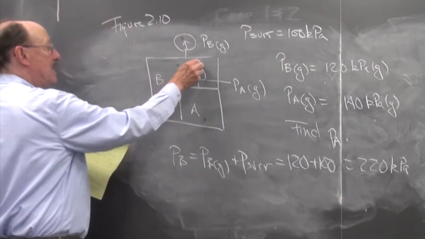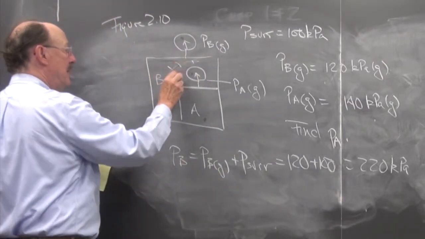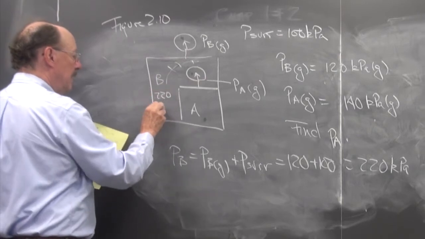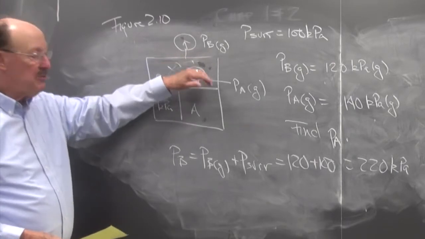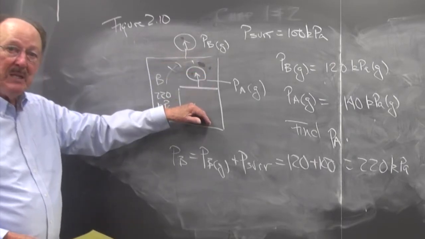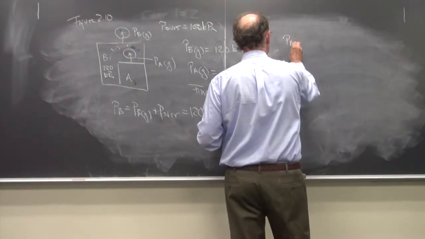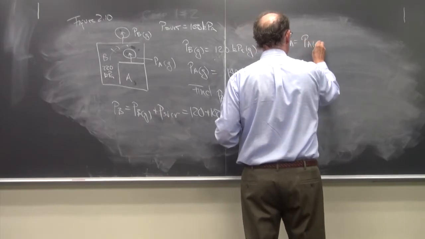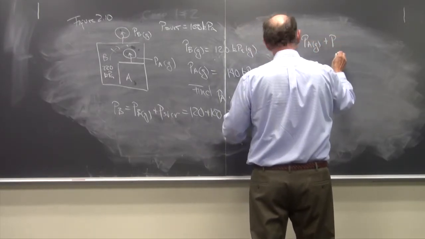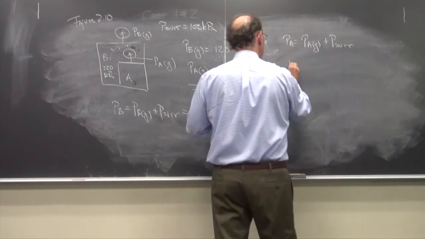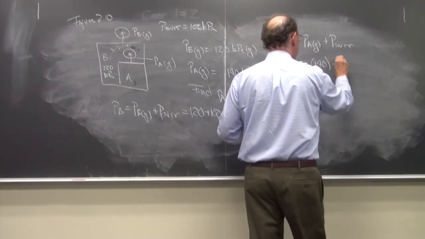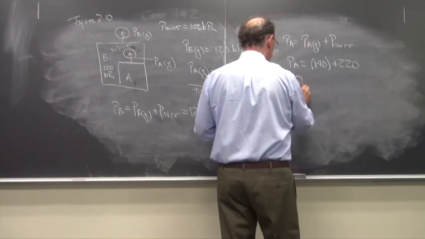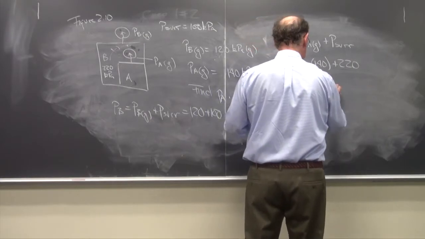So now this 220 kPa is the surrounding pressure on gauge A. Now I want to find out what the PA is. So PA is PA gauge plus P surroundings. So PA is equal to 140 plus 220. So PA is equal to 360 kPa.